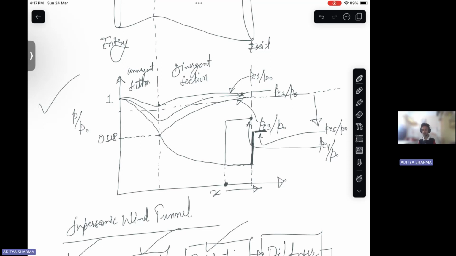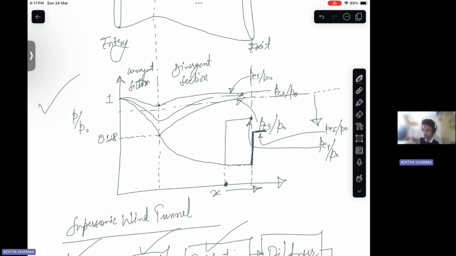The diamond shape oblique shocks we observe, which reflect as expansion waves from free boundaries that we have seen in the previous week's content. And if the exit pressure value is below the back pressure, then we call it the under expanded case.